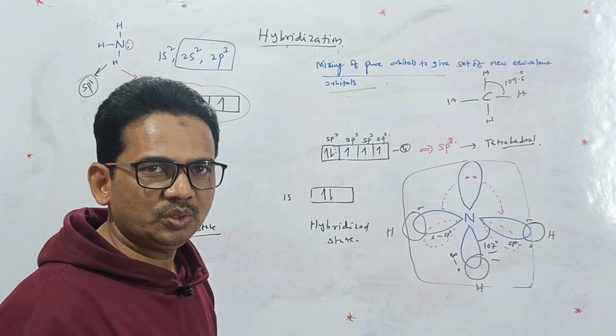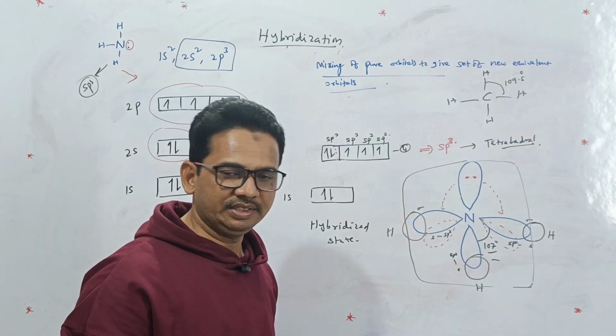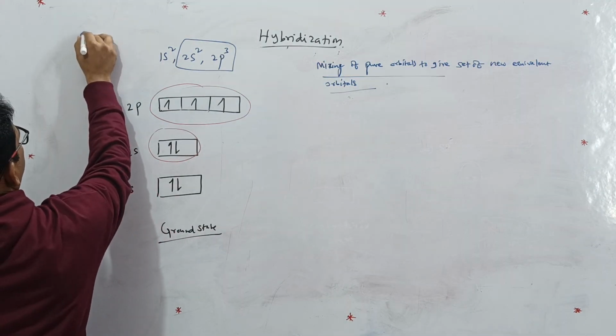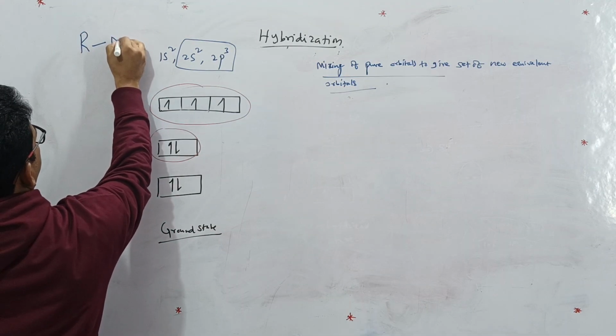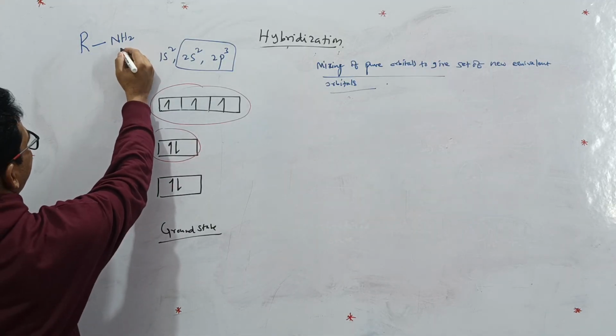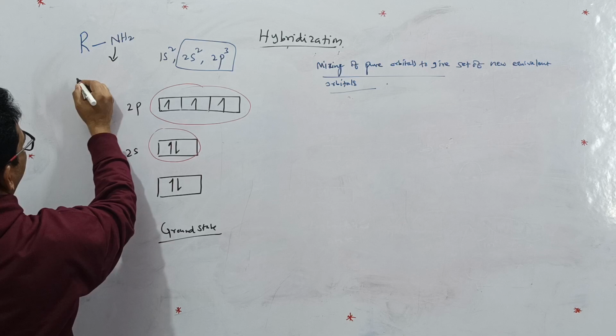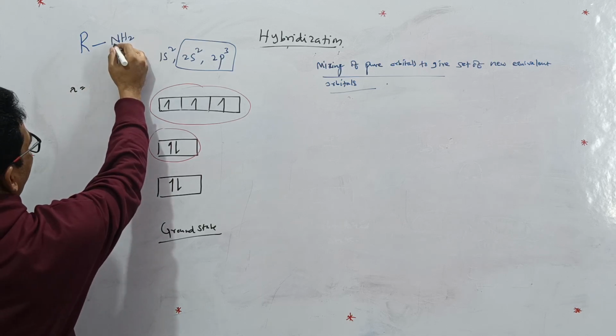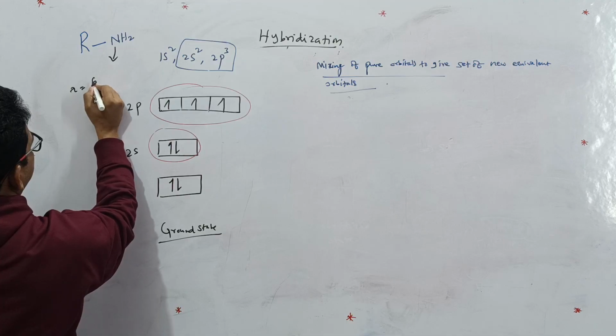Then when the nitrogen shows sp2 hybridization, we can see that also. See, when the amine is in the form of a primary amine, what will be the hybridization for this one? When we use the formula, Z is equal to V, valence electrons are 6.